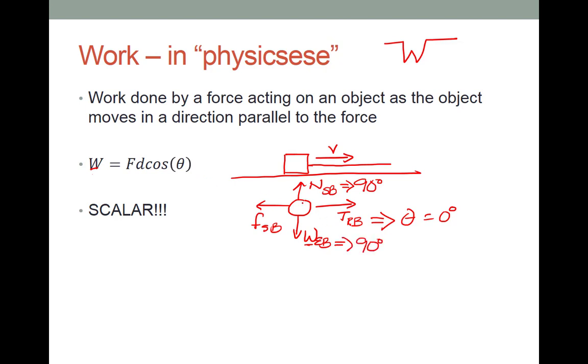So again, that supports that these two forces do not do any work on this object moving in this direction. Friction, the angle would be 180 degrees because it points opposite the velocity. Cosine of 180 is going to be negative, and now you can see what I alluded to earlier, where sometimes work will be positive, sometimes work will be negative. Here we have one force doing a positive amount of work and another doing a negative amount of work.